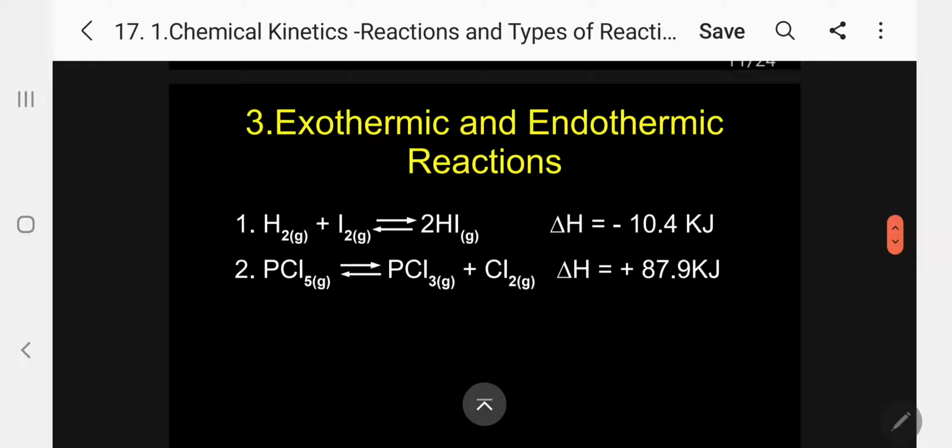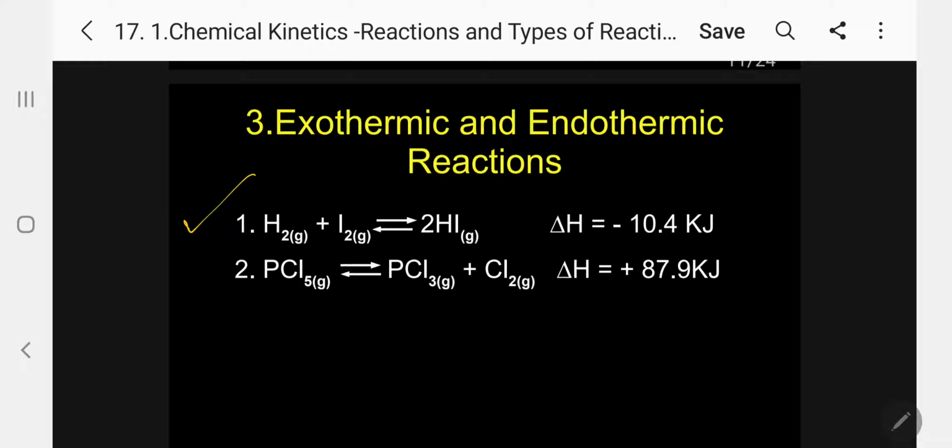Coming to the third type, exothermic and endothermic reactions. What is exothermic? An exothermic reaction is one where energy is released, and delta H is negative. An endothermic reaction is one where energy is absorbed, that is, delta H is positive. So let me give one example in each case.